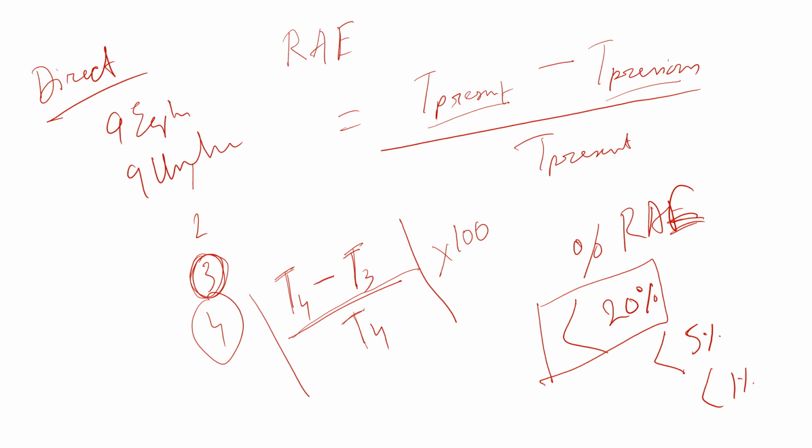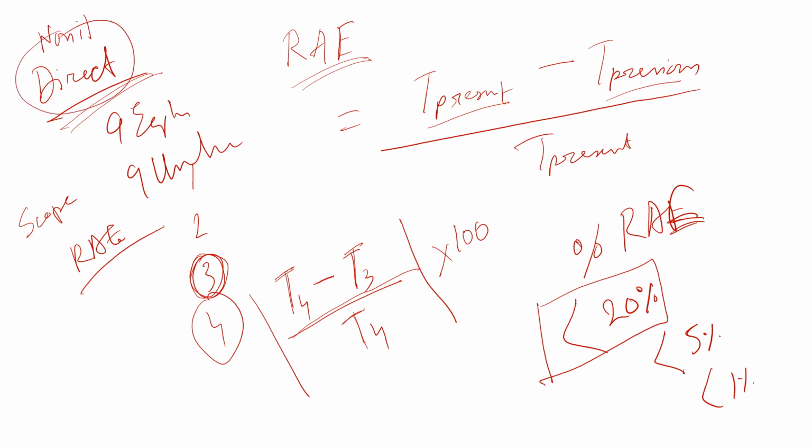But in this direct method, you have no scope to analyze the error, this relative absolute error. But in case of the Gauss-Seidel method, as it is the iterative method, you can analyze the RAE, relative absolute error, and accordingly you move ahead for a better solution, right?